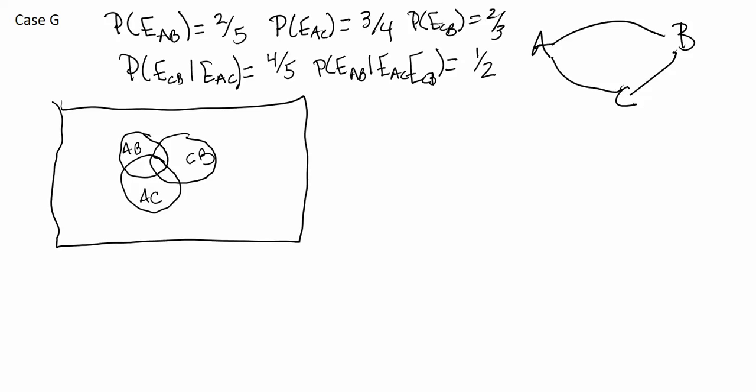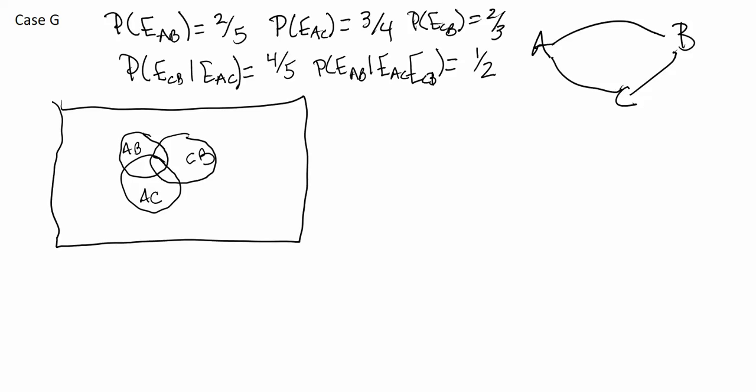Now, we know that we can get from A to B if either one of these things is true. Either the northern route is open or both of the southern roads are open. So we need to have either AB happen or AC and CB.